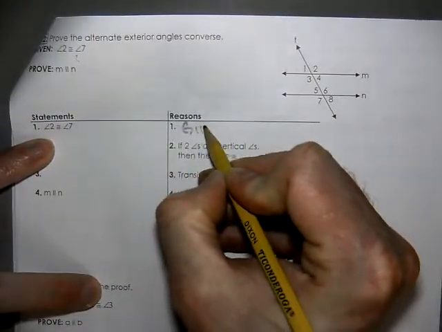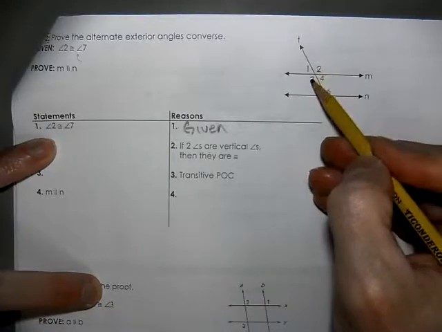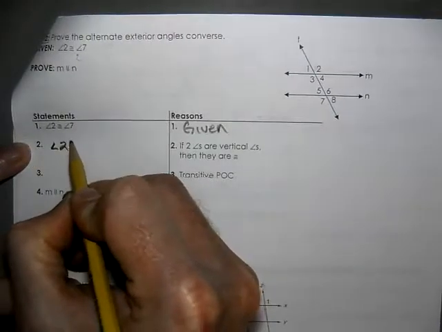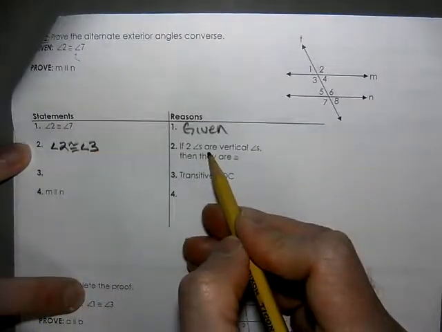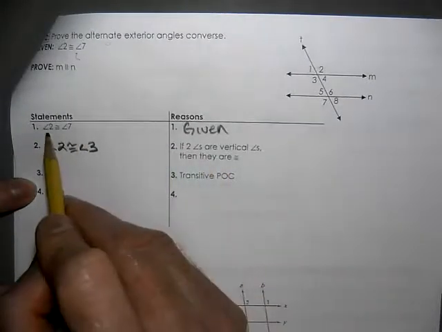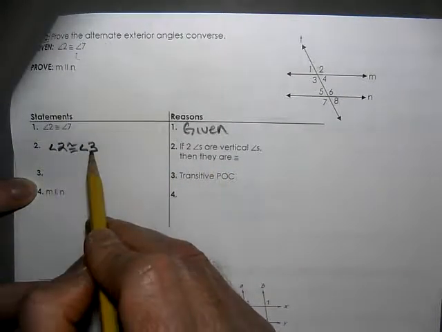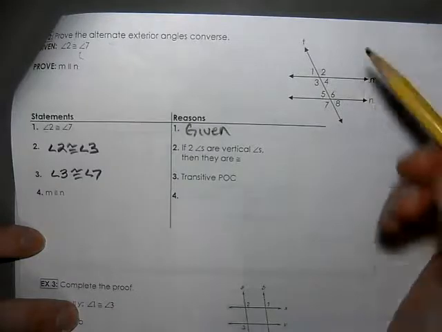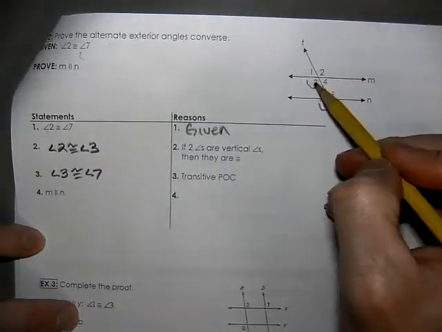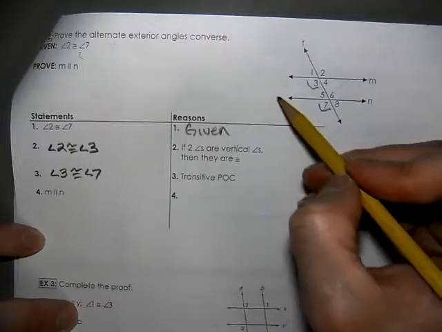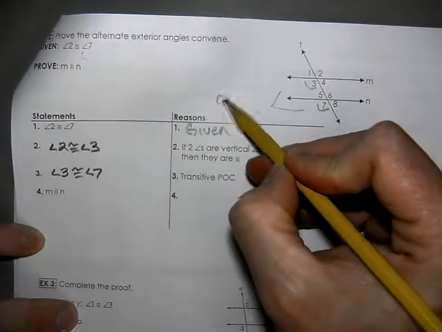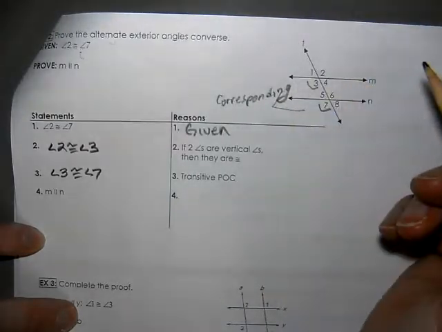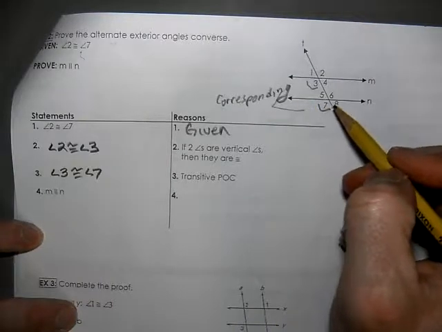So this is our given, and from our given we can see that angle 2 and angle 3 are vertical angles, so they're congruent. Because 2 is congruent to 7 and 2 is also congruent to 3, I know that angle 3 is congruent to angle 7. And 3 and 7, these are what type of angles? These are corresponding angles. And if corresponding angles are congruent, then the lines are parallel.